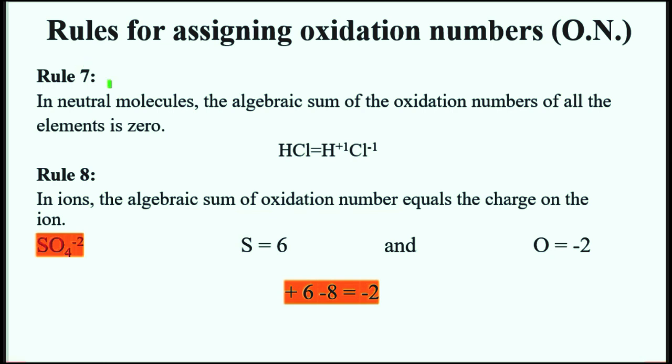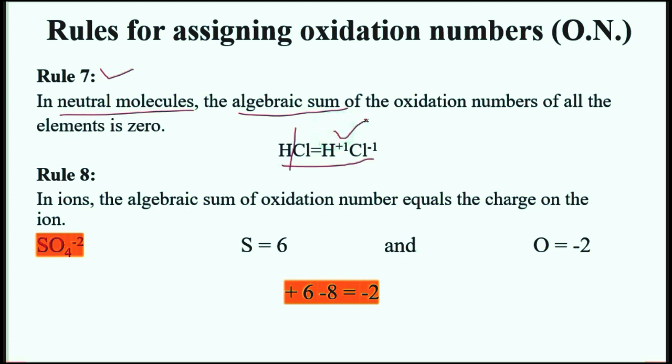Let's see rule number 7, that is related to the neutral molecule. The algebraic sum of the oxidation numbers of all the elements is 0. For example, we have seen hydrochloric acid, where the bond will be broken between hydrogen and chlorine.